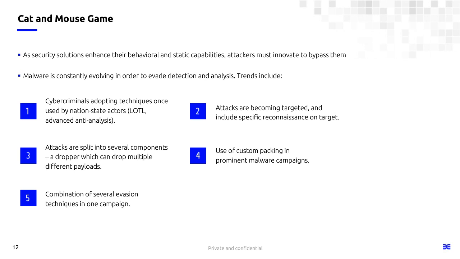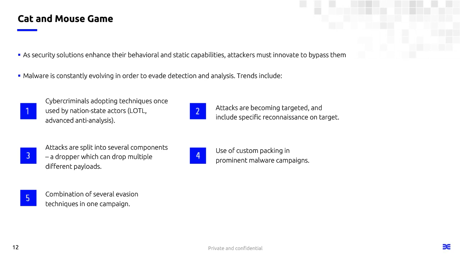An example for this is living off the land attack techniques and also more advanced anti-analysis techniques. This is in general because the whole cyber criminal infrastructure and malware authors are becoming more and more sophisticated, and they are driven by higher financial gain, which then makes them improve.